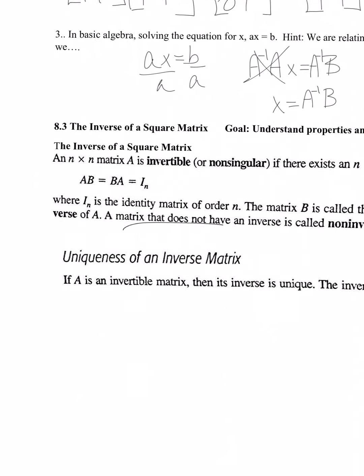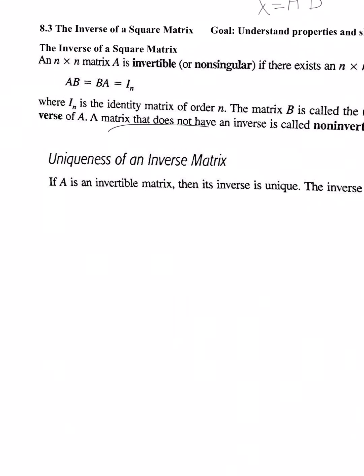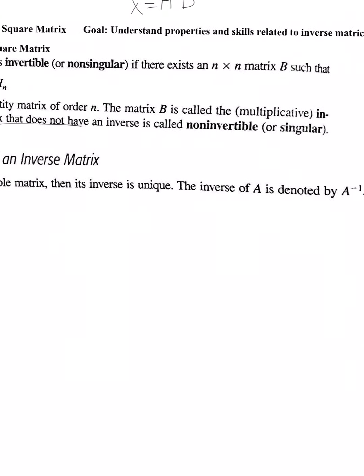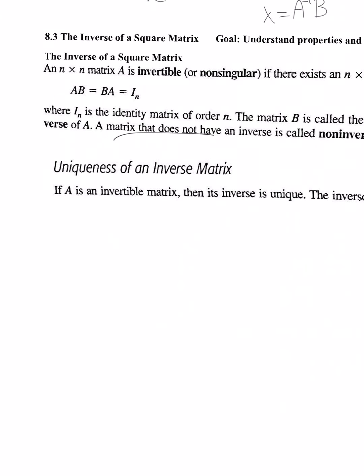So down here, the uniqueness of an inverse matrix: the inverse of A is denoted by A inverse, that's the notation, and there is a unique inverse, meaning if A times B equals I, there is only one inverse to that matrix. So that is why it is considered unique.